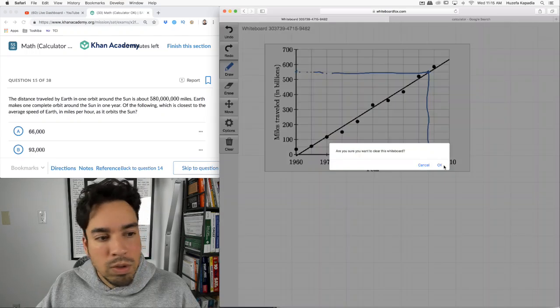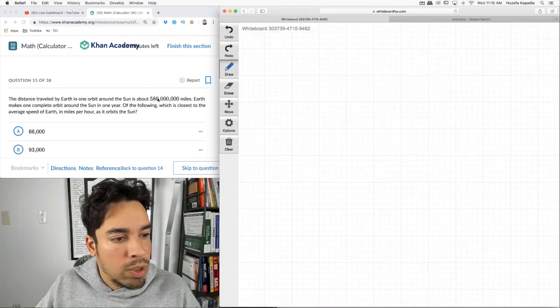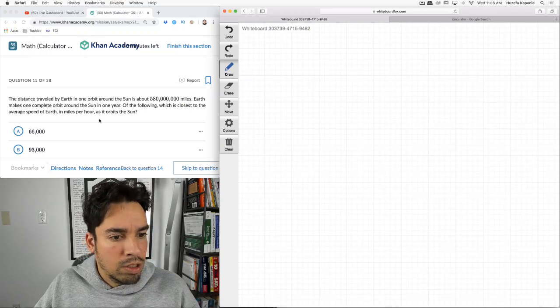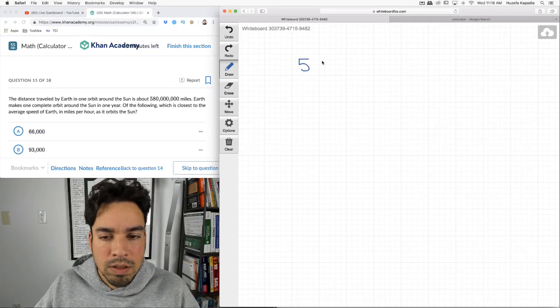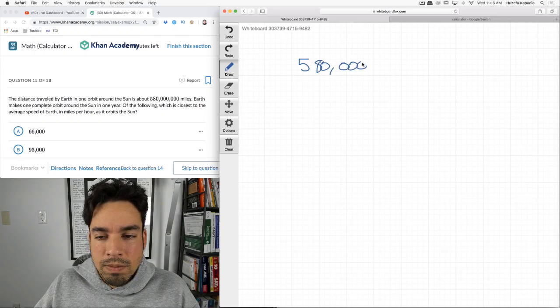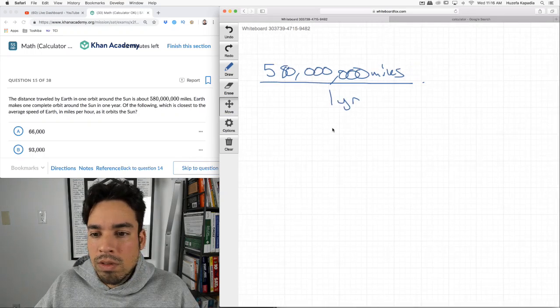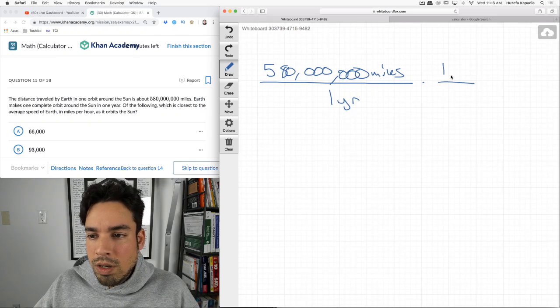The distance traveled by Earth in one orbit is around this much. Earth makes one complete orbit in a year. What is the average speed of the Earth in miles per hour? Okay, so this is miles per 1 year, and we want hour. So we convert 1 year to 365 days.